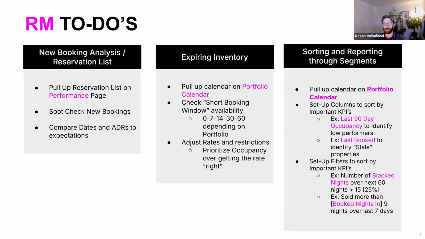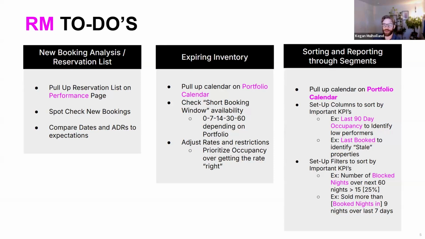Because if I'm looking at the next 2 weeks in my high season versus low season, I may be way more aggressive with rate cuts in the low season than necessarily in the high, right? So there's that intuition that comes about too, right? It's maybe a difference of me setting an expiring inventory rate of $150 versus $90 in the low season, right? So that will come with time and understanding your portfolio and as well as the market.